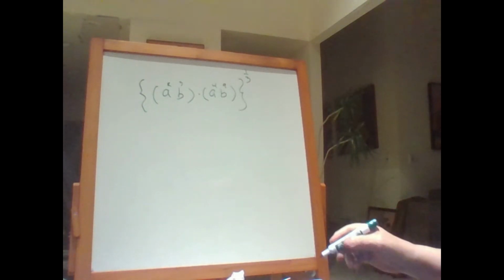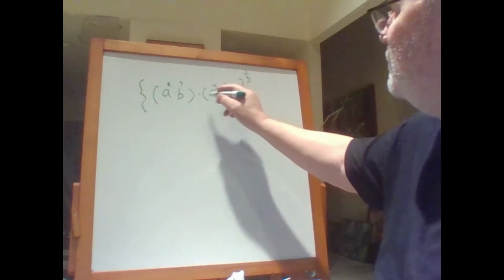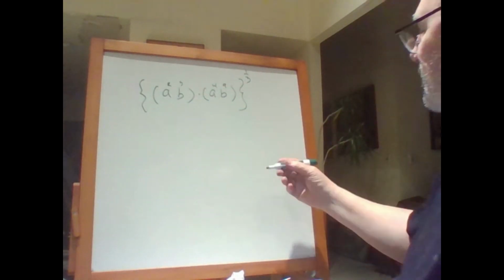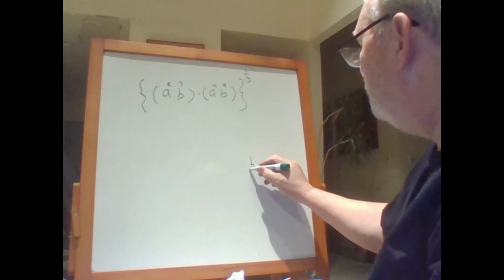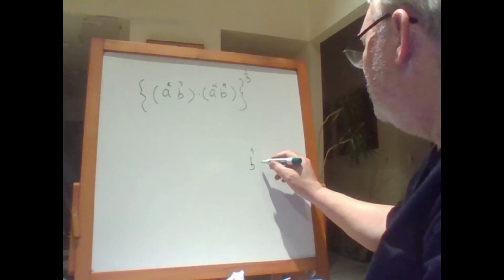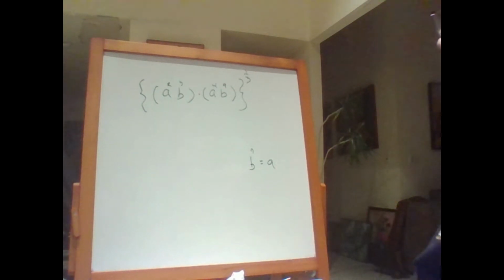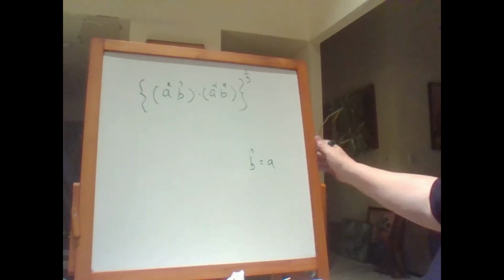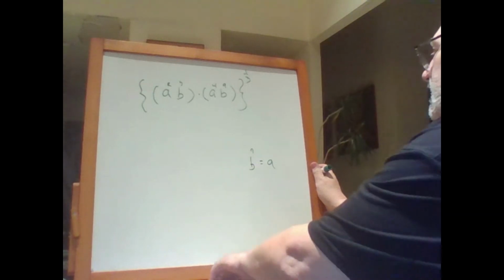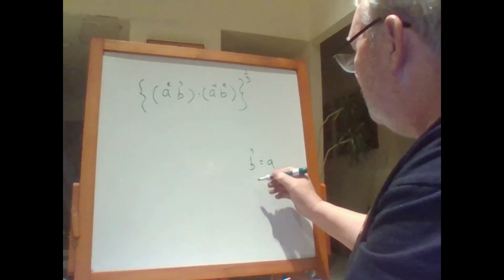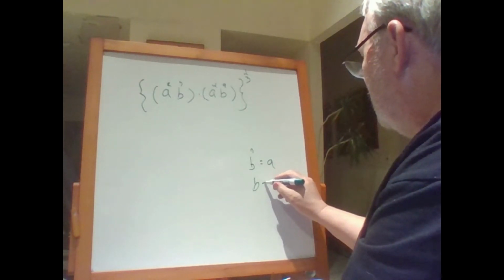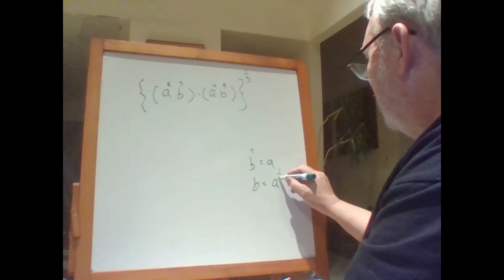Well, here we have different bases. And unless we find b to the n power equals a, we wouldn't be able to convert that over to a. Theoretically, we could. And we could say that b equals a to the 1 on n.